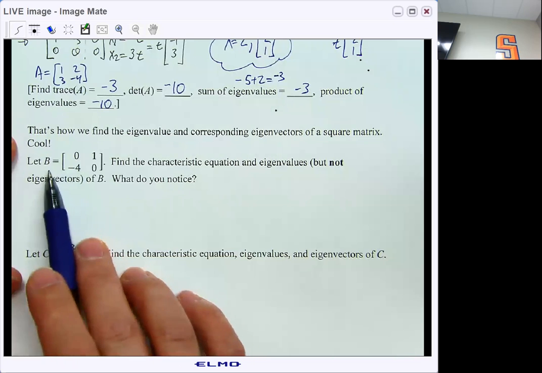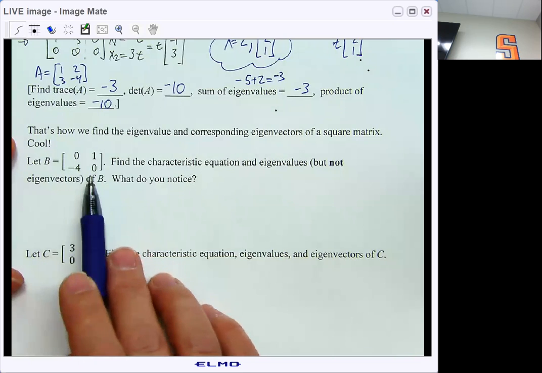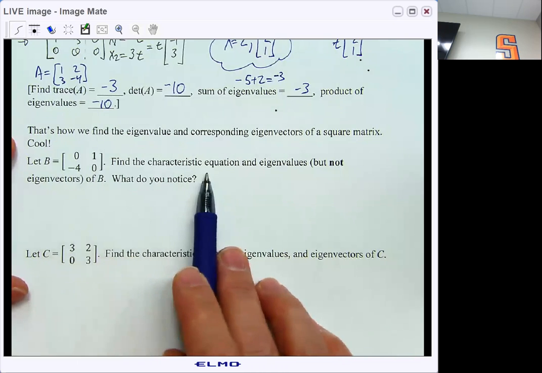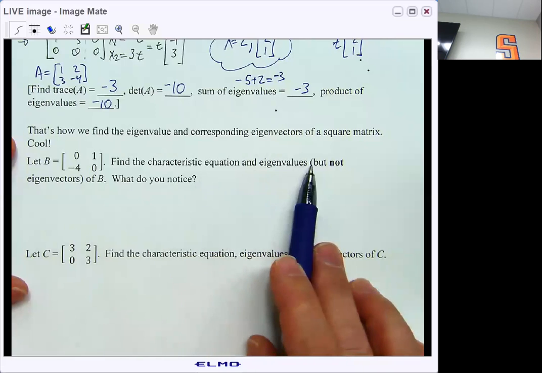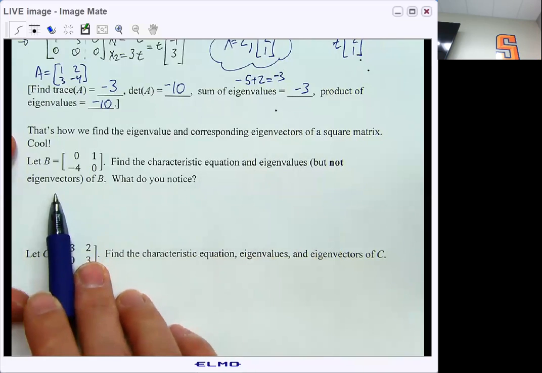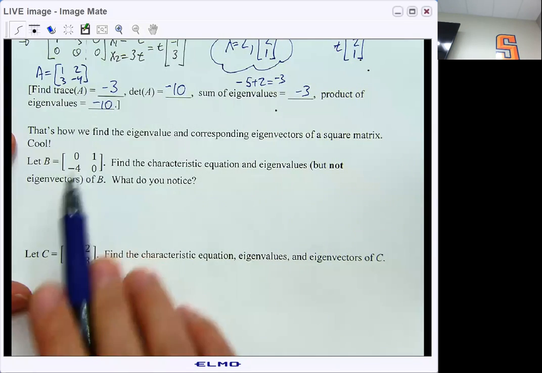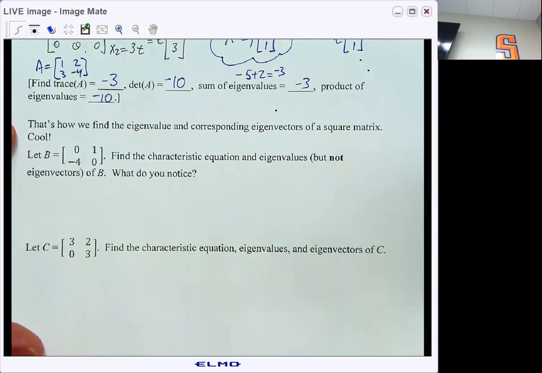So let's take this B matrix, 0, 1, negative 4, 0, and I want you to find his characteristic equation and eigenvalues, but for right now, not the eigenvectors. Okay, so he's a pretty innocuous, easy-looking kind of guy.